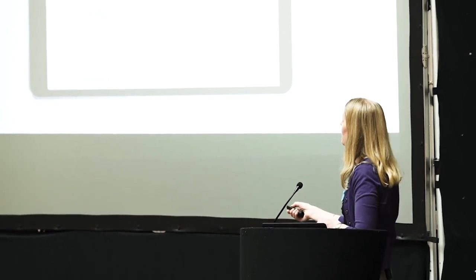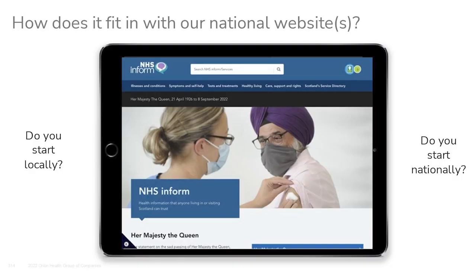Do you start locally and expect patients will look locally for advice and then maybe jump up to the national system? Or do you think they're going to start nationally and then drill down to your local area? I think actually the answer is they're going to do both. Some people will come in at one level and go one way, and some will go in the other way.